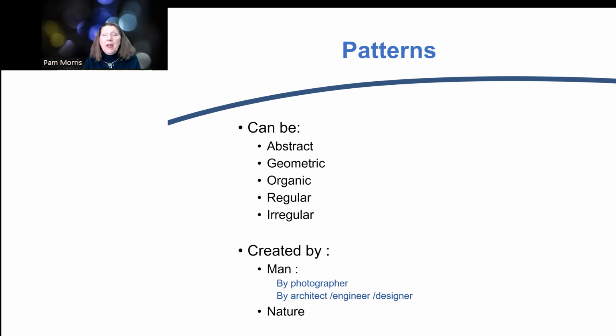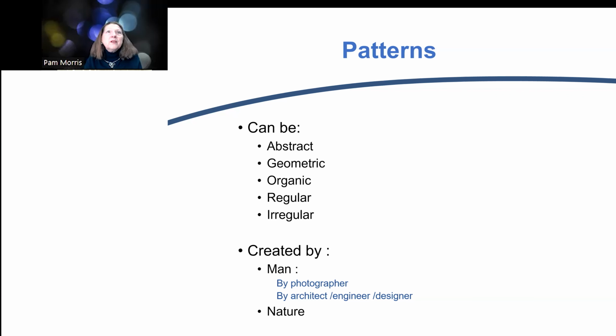And patterns are created either by nature. We often see patterns in nature, particularly in flowers and tree bark and things like that. But they can also be created by man. And this is typically when we take architectural photography, we'll try and enhance the patterns that the architect has created within a building.